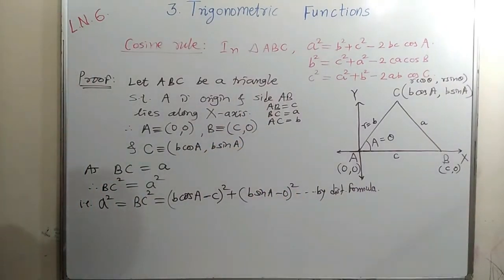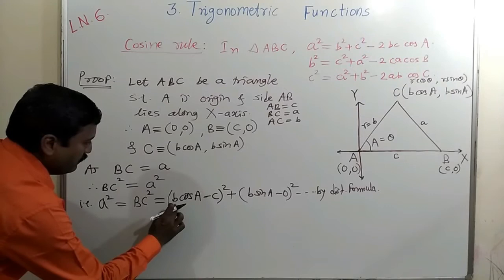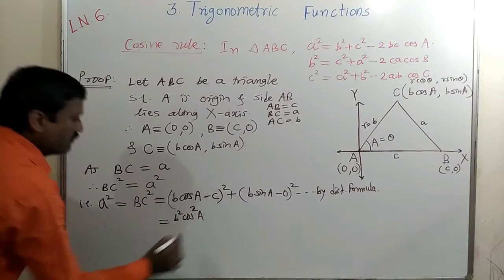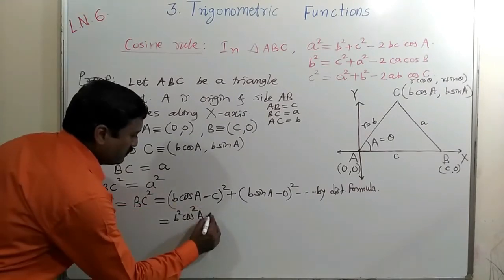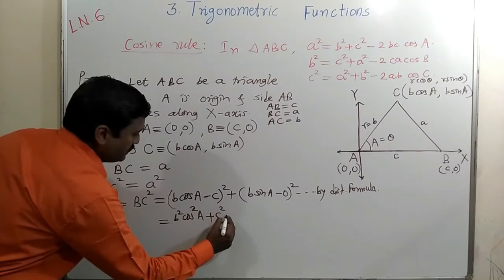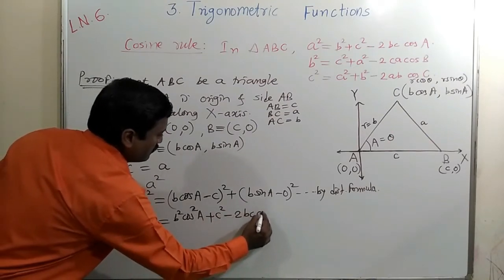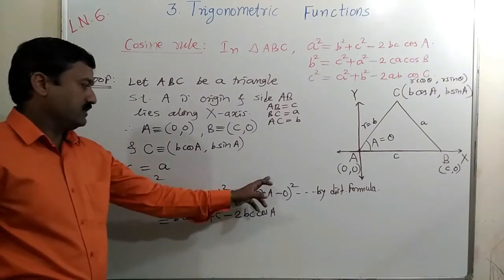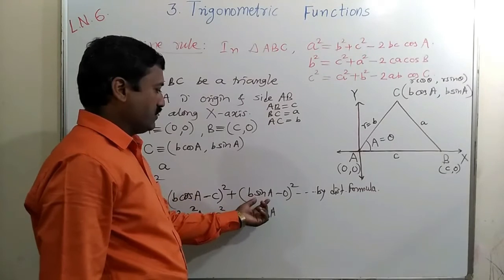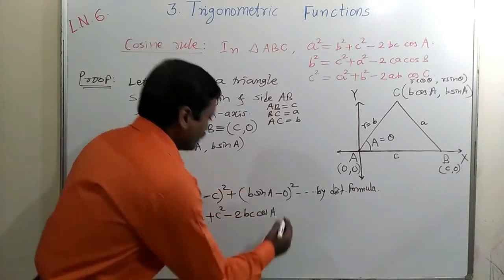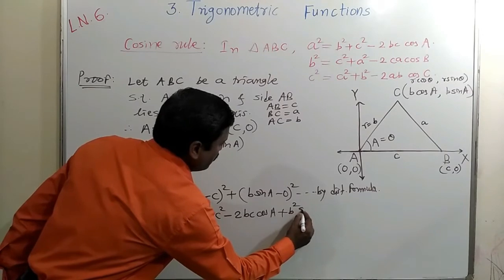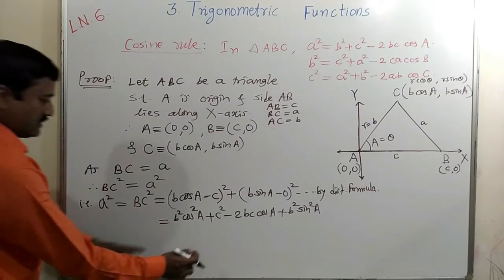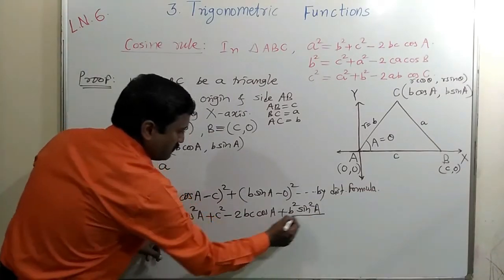Okay. Now let us simplify this. This will be b square cos square A plus c square minus twice bc cos A. This is the first square. Now let us take the second square. Minus 0 means no change, so (b sin A) whole square, plus b square sin square A. Now let us take b square common from these two terms.